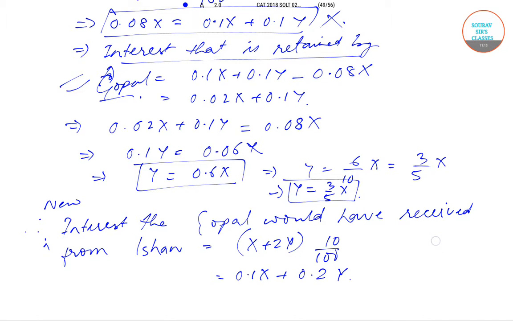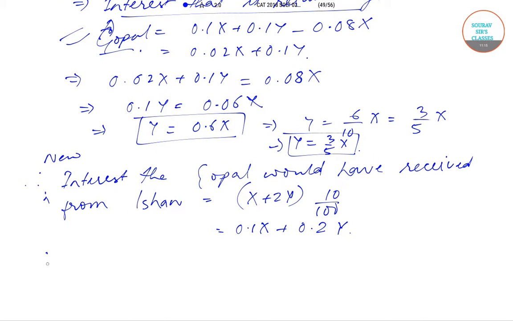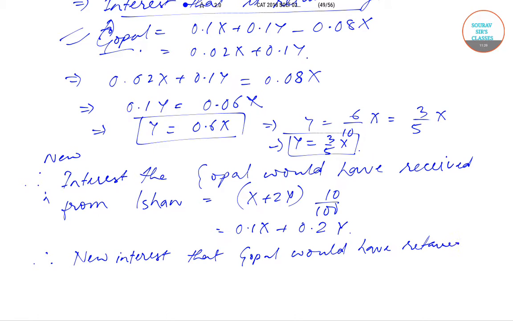So therefore the new interest that Gopal would have retained will be equal to 0.1x plus 0.2y minus 0.08x, this interest which Gopal pays to Ankit.